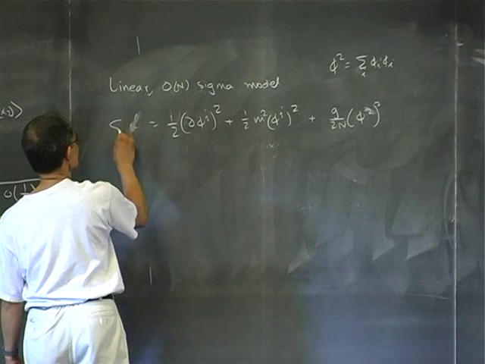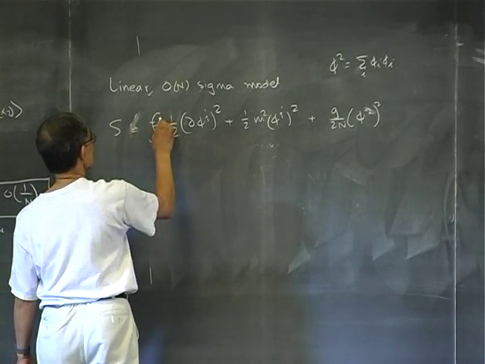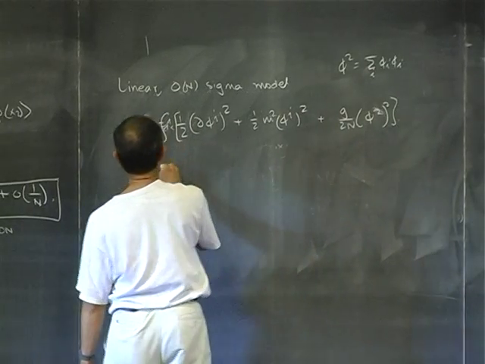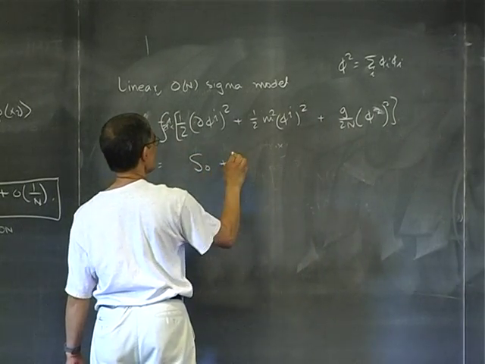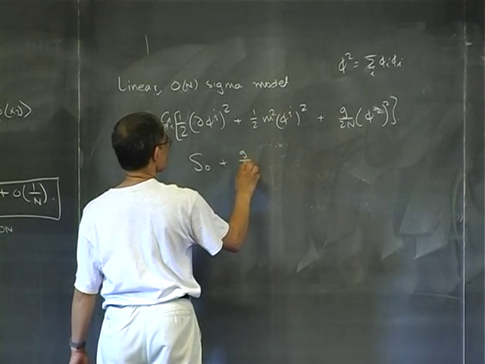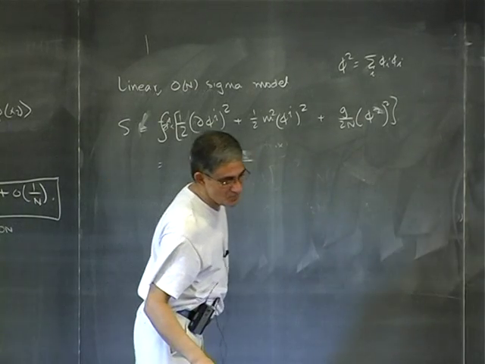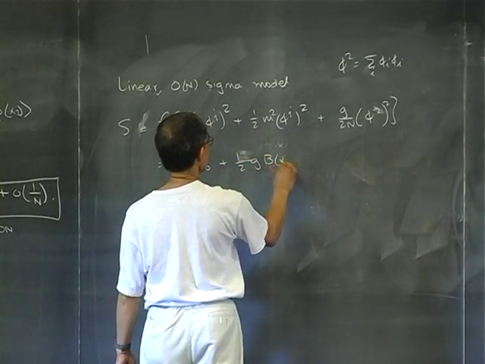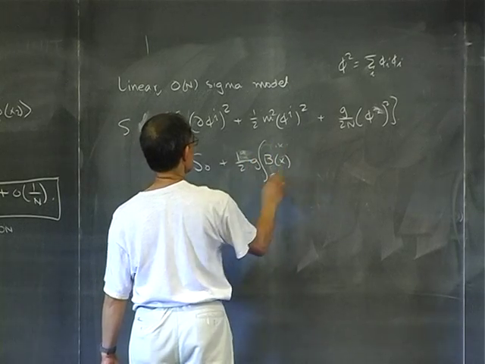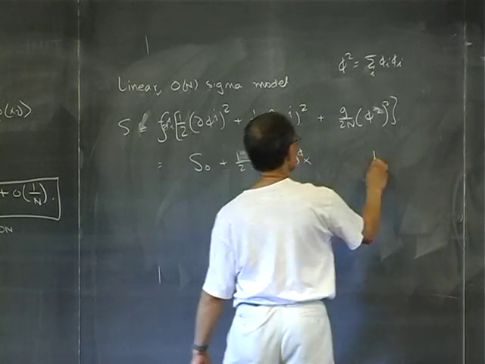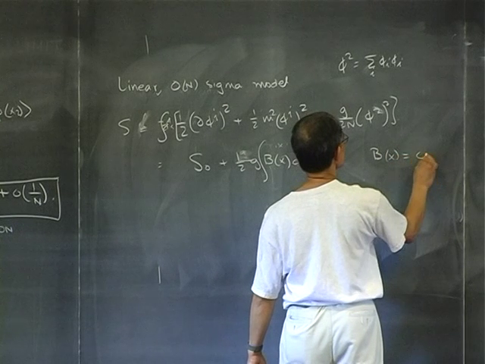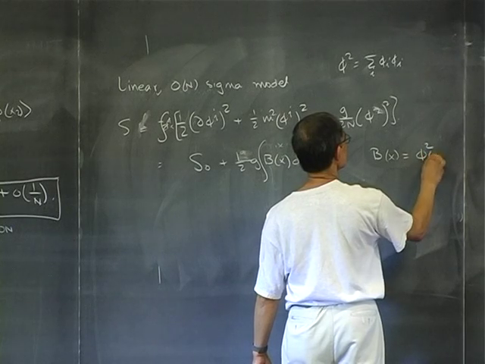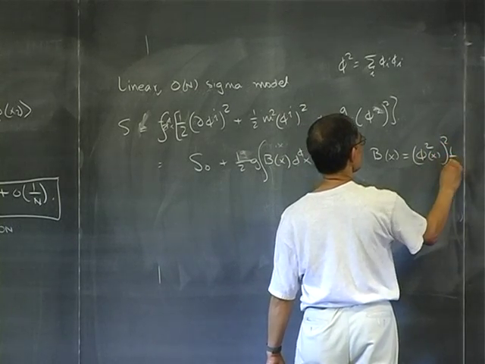So let us write the action integral d dx on this thing and write this as S0 plus H0, plus I will just use that same notation, b of x integral b of x d dx, where b of x I have written as phi square of x whole square, 1 upon n.